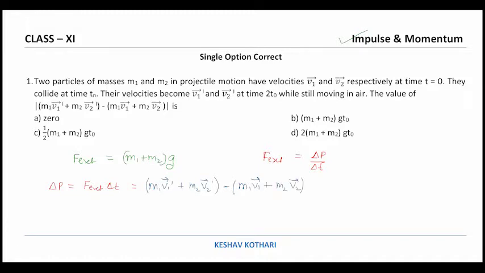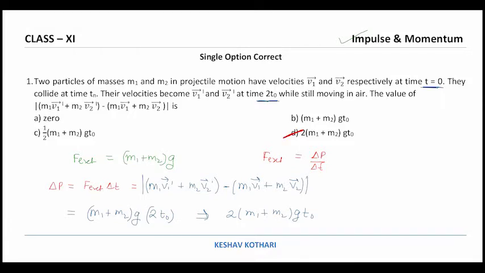So the magnitude of final momentum minus initial momentum is equal to F external into delta t. We have F external as m1 plus m2 g, and the time taken is equal to 2t naught as it starts at t equal to 0. So the correct option will be twice of m1 plus m2 g t naught. That is, option D is correct for this particular problem.